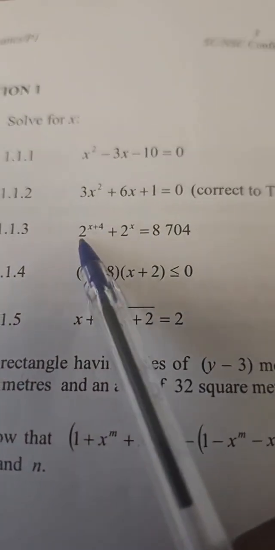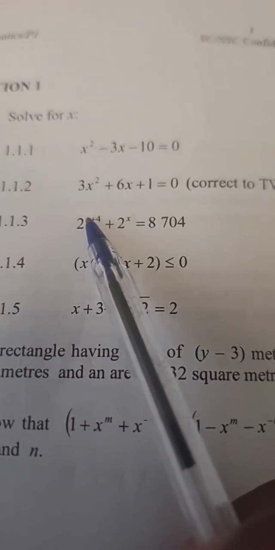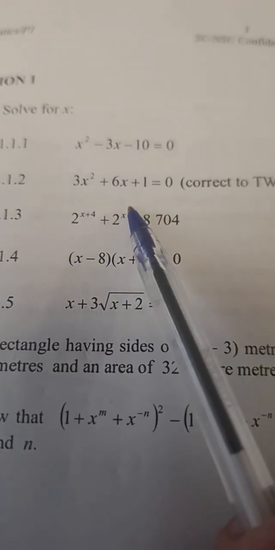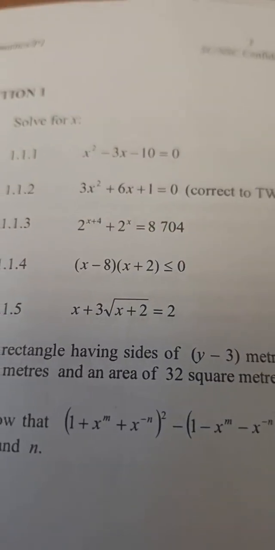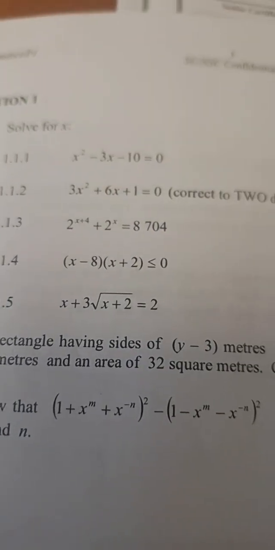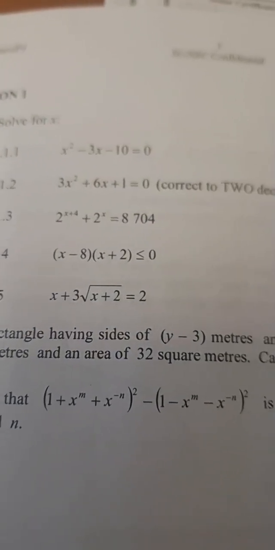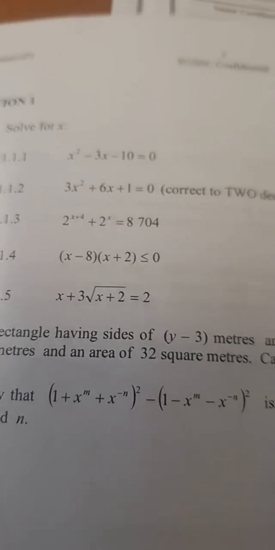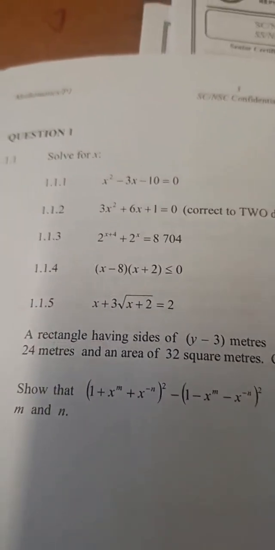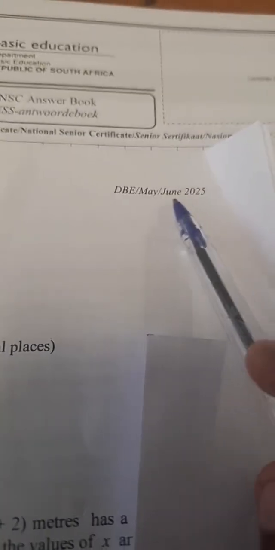Exponential question was 2 to the power x plus 4 plus 2 to the power x is equal to 8,704. Oh, I see Ntabi saying you're writing in June, then this was the paper written in June by those who are upgrading.